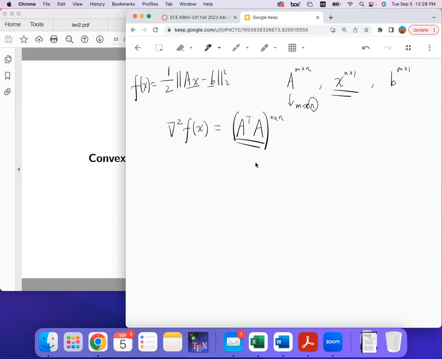So if I can visualize this one, this A in many cases is a flat matrix, and A transpose is a tall matrix. After matrix multiplication it is a big matrix. Now, the issue is that for this matrix, the rank is deficient. So the rank is smaller than N, which means that the minimum singular value is 0.